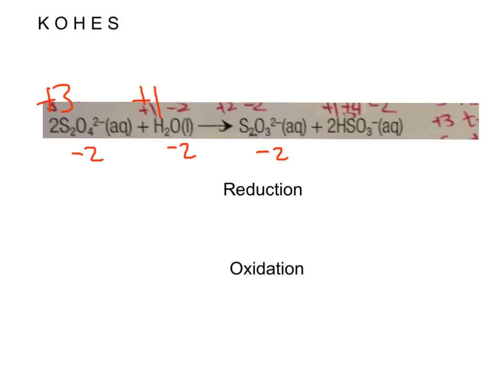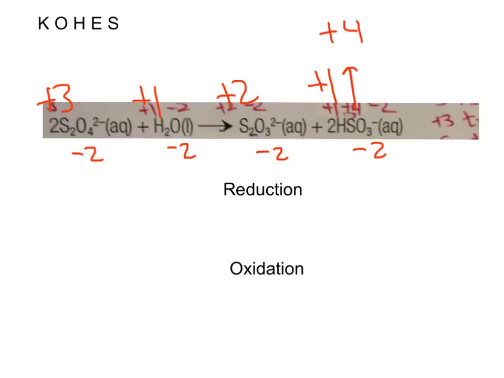And for this to happen, sulfur's got to have an oxidation number +2. Okay? Finally, our last species in the products. Oxygen has an oxidation number of -2. Hydrogen has an oxidation number of +1. And if you do your algebra, you can pause the video at any moment to do that, you will find that sulfur has an oxidation number of +4.